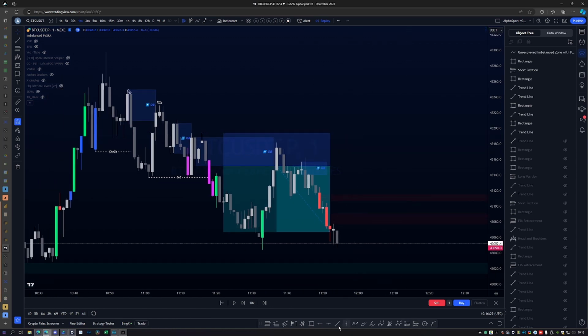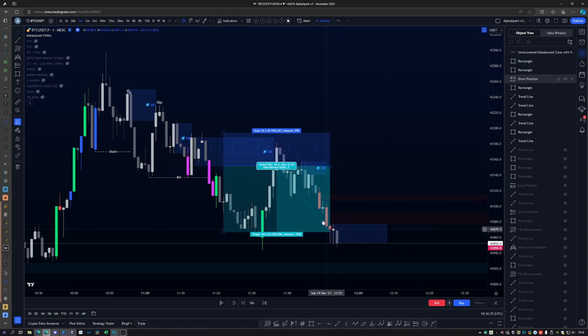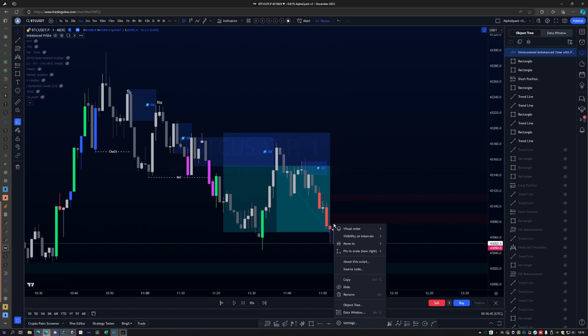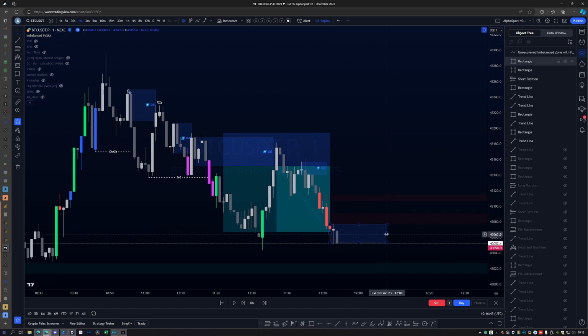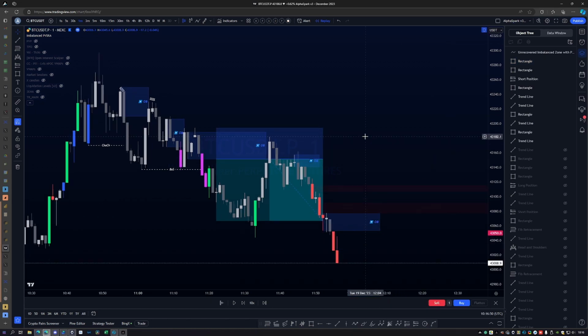I see another one here. It's always the same logic. Contrarian candle, liquidity grab. It's very slight, but it is there. When price reacts to this, a lot of times it will just continue reacting.